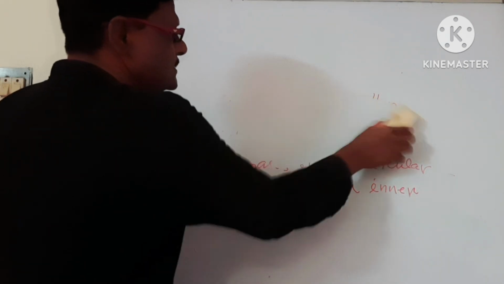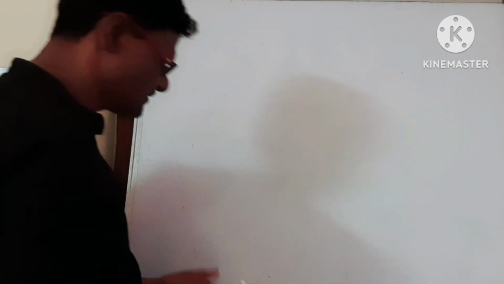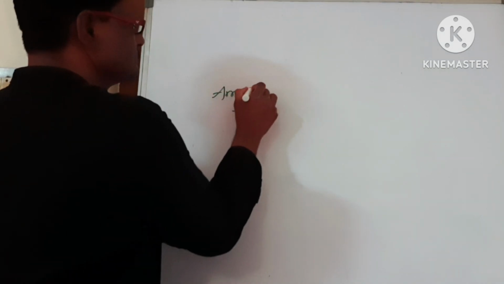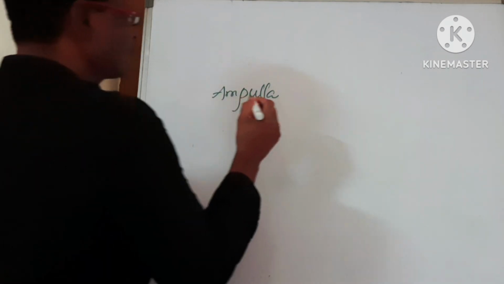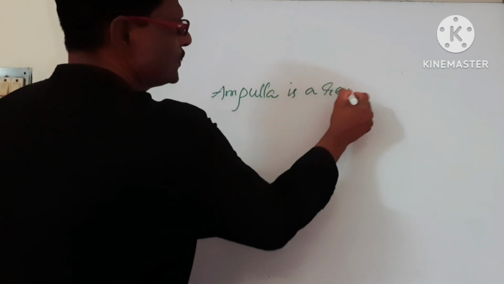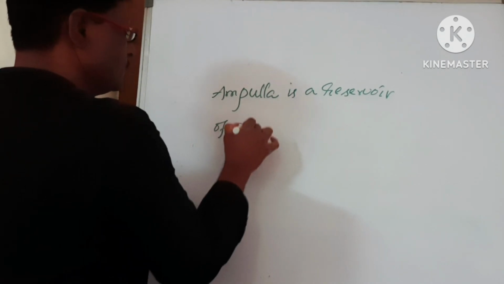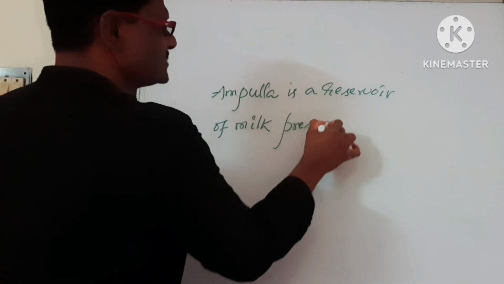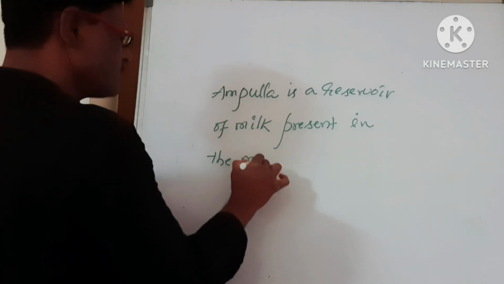I will give some other context. See, ampulla is a reservoir of milk present in the mammary glands.